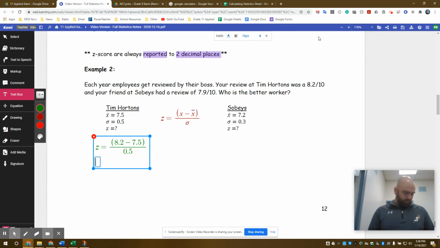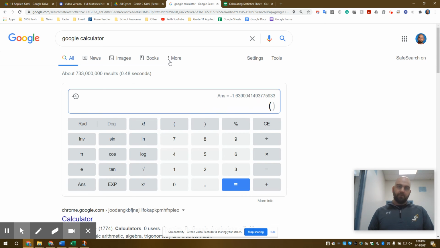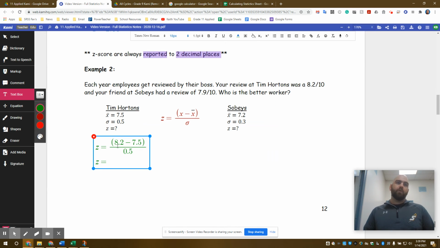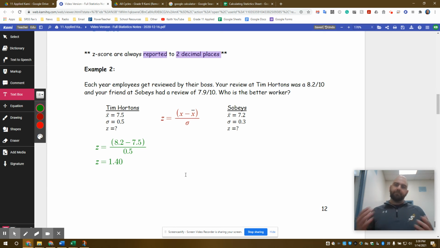Let's get the calculator out here: 8.2 minus 7.5 divided by 0.5. You got a Z-score of 1.4. Not bad. At 1.4, you're above average. You're working your way up. Later on, we'll look at what percentile you're in. But for right now, 1.4, not bad.